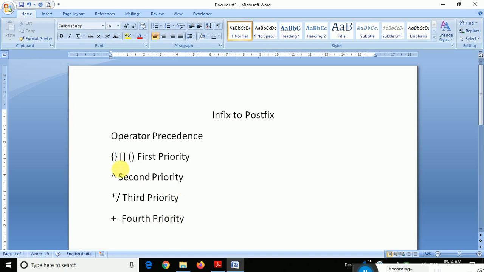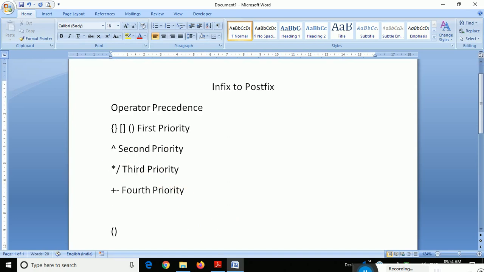So these are the values. For example, 5 plus 6 into 7 is there. What we'll do is consider this first, that is 5 plus 6, which is 11, into 7.